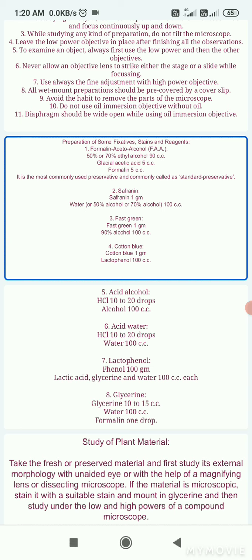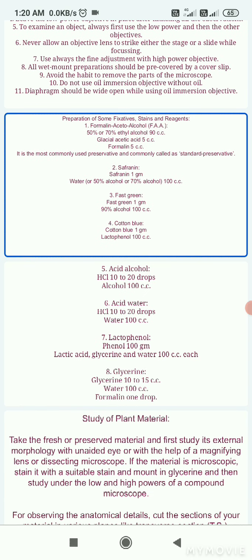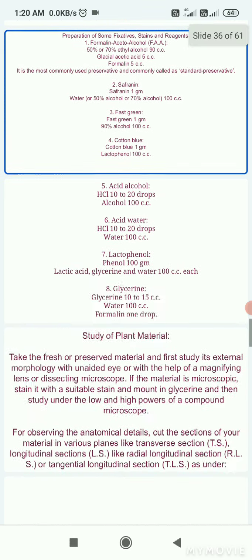Fast green is again a stain, and cotton blue is a stain which is used for the staining of a fungi specimen. Sometimes we have to use acid alcohol, that is HCl, then acid water, then lactophenol and glycerin for the making of a permanent slide.